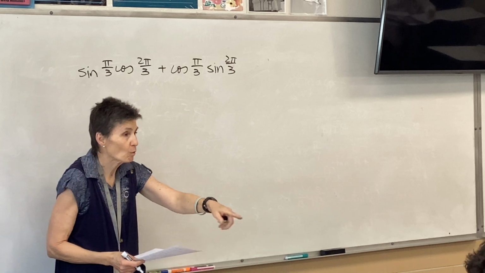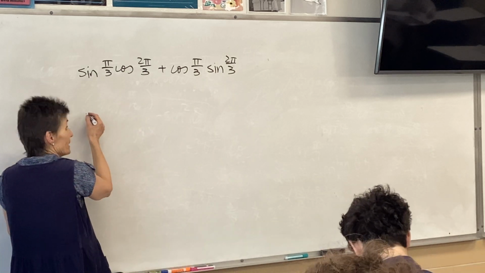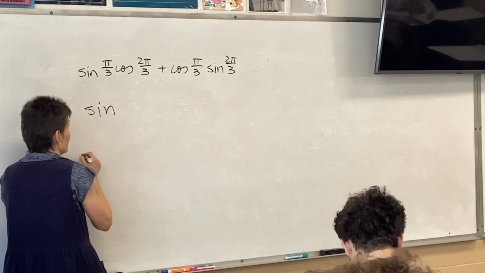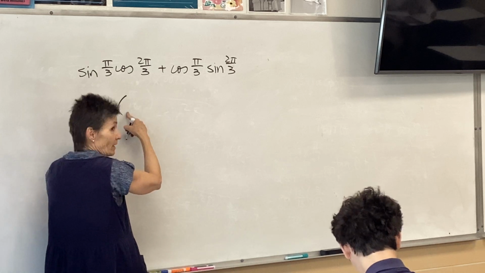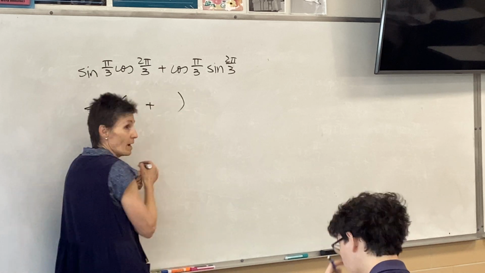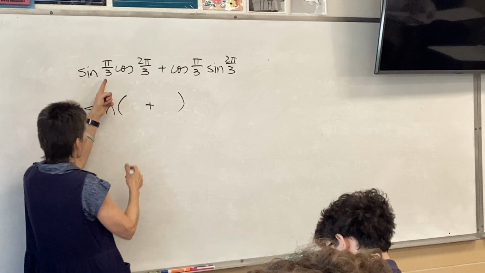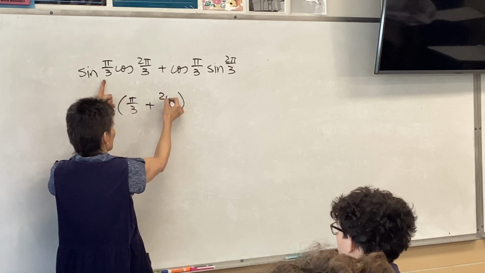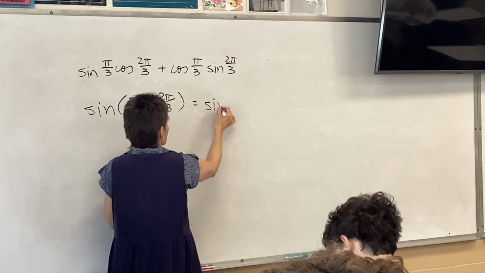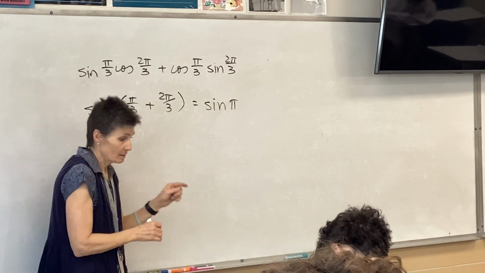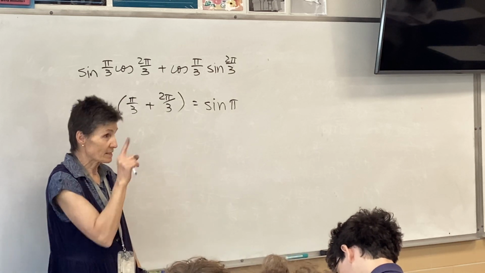That's a sine formula, and it's the sine of alpha plus beta. Only we don't have alpha and beta, we have pi over 3 and 2 pi over 3. So that is a formula for the sine of pi. That's true, right? That's what we're trying to do, sine pi. So statement 1 is true.